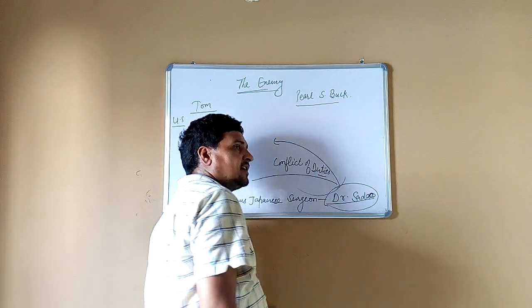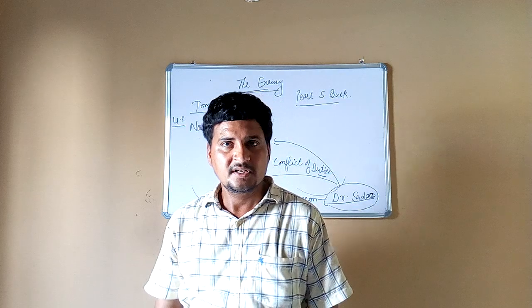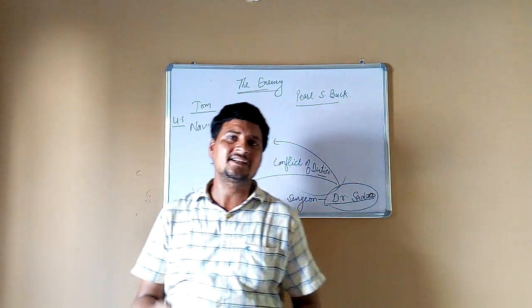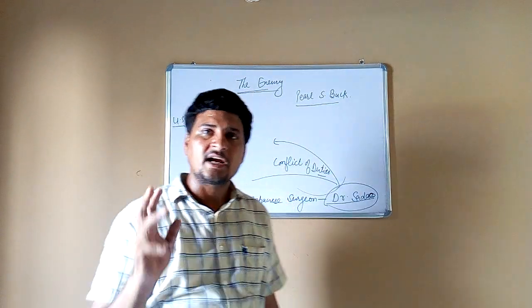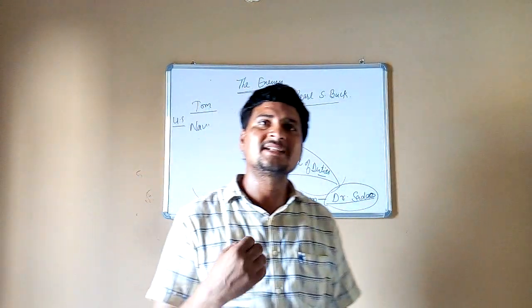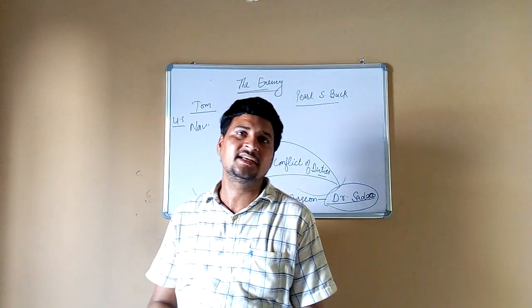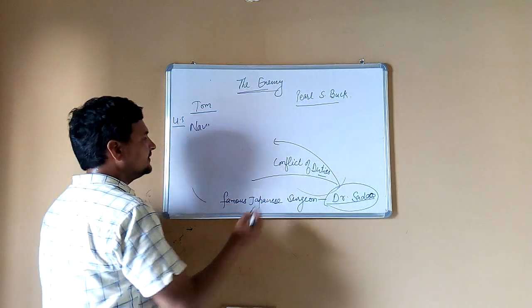Conflict of duties means when we have two different duties to perform, both of equal importance, and at that particular time we can perform only one of them. That is called conflict of duties. जब हमारे सामने दो अलग अलग duties हैं, दोनों की इंपॉर्टेंस इक्वल है, लेकिन एक पर्टिकुलर टाइम पे हम एक को ही पूरा कर सकते हैं. That is called conflict of duties.